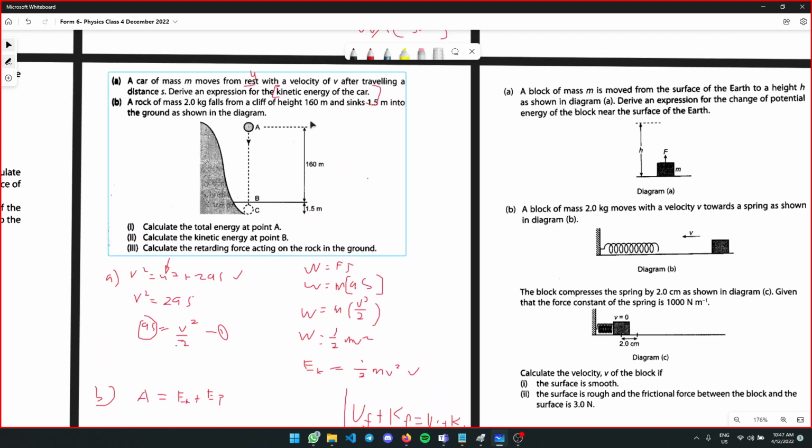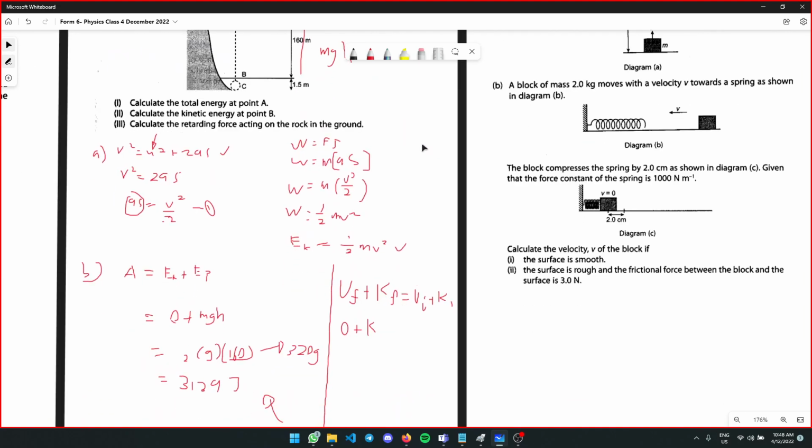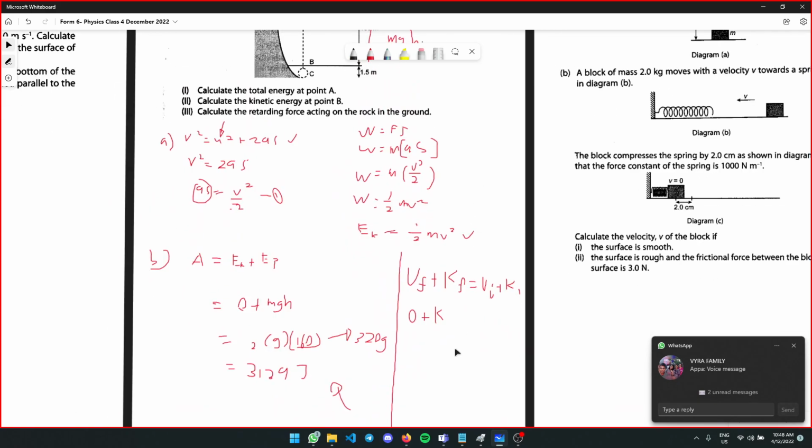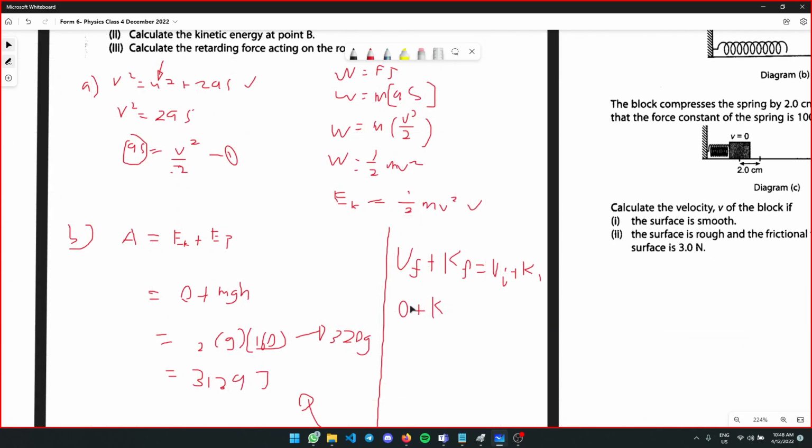Potential is MGH, and at the bottom, like in the previous question, we said MGH is 0 at the fourth floor, which we assume as the last floor. Same here, final potential is 0. So UF potential is 0.